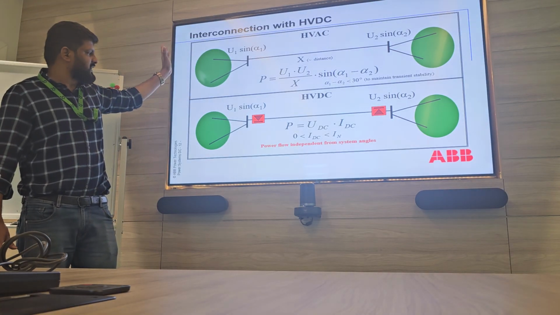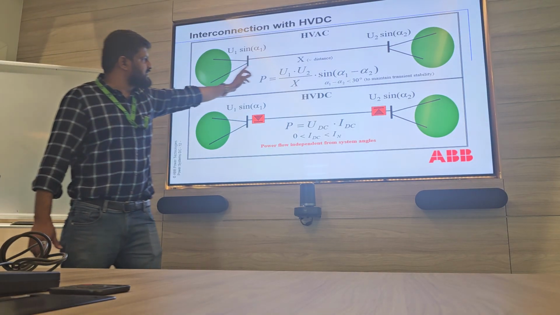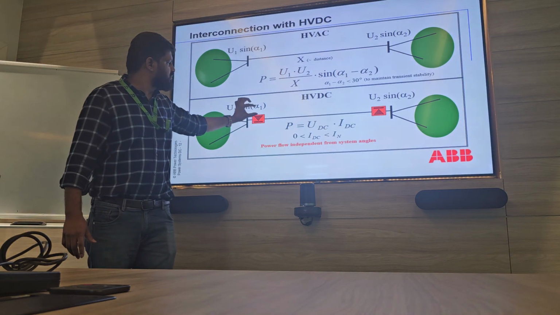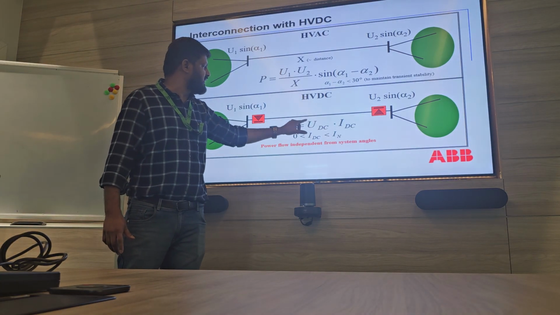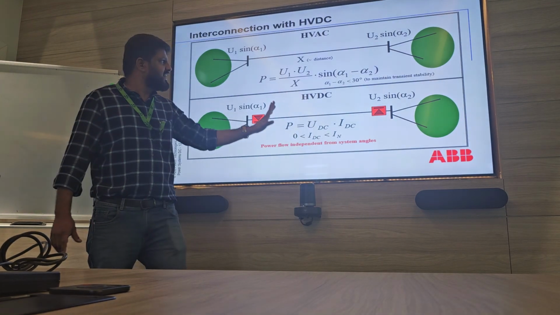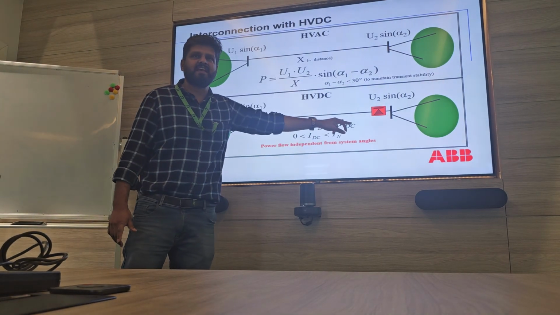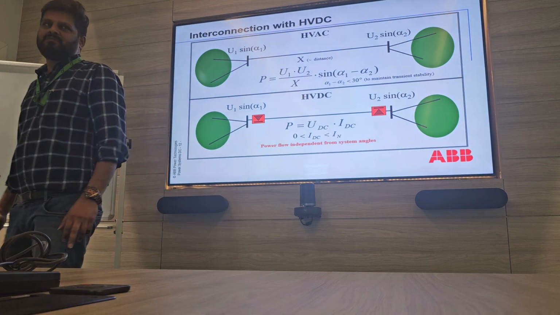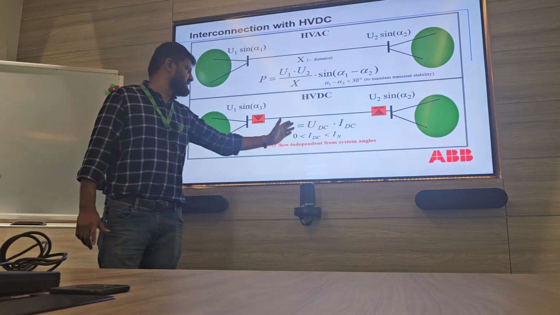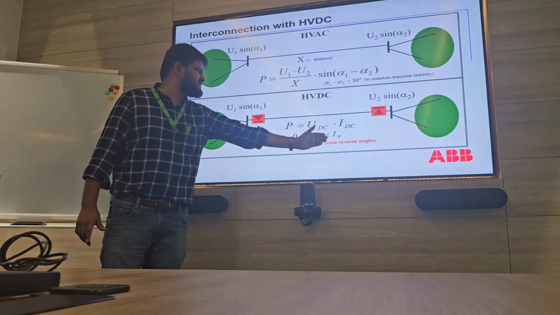But here we don't have this alpha. We are just converting AC to DC, so power mainly depends upon UDC times IDC. There are no phase angles of the network here, so the power flow control is very easy, independent from system angles.